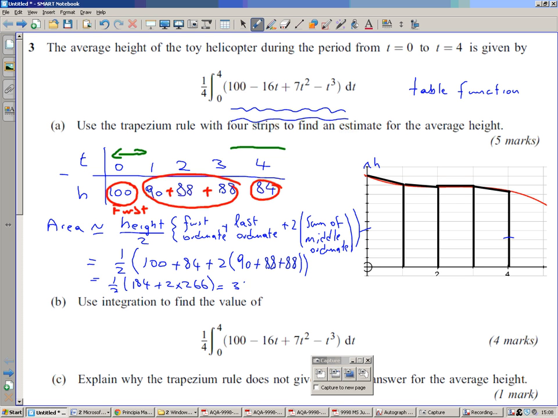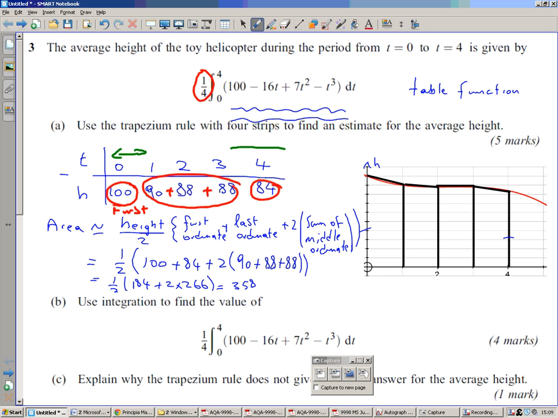which is equal to 358. However, we're not done yet because, why is it not finished yet? Well, a lot of people would finish it there. That's the area underneath. Because if we divide that by 4, or times it by a quarter, same thing, we get what we want.